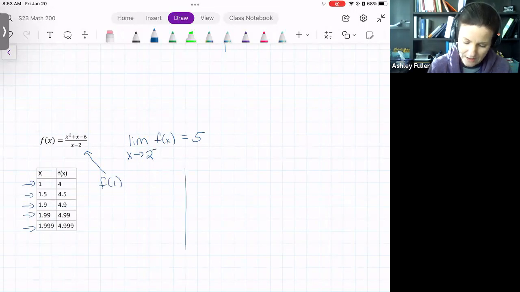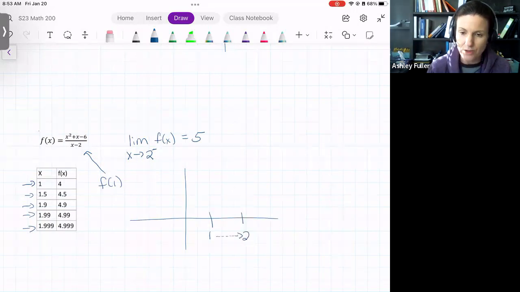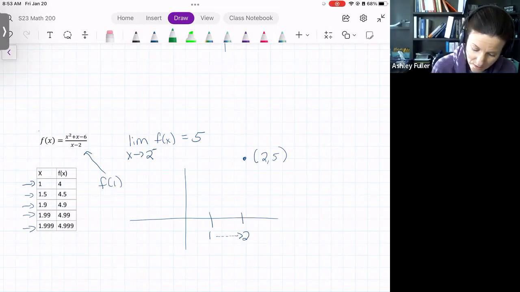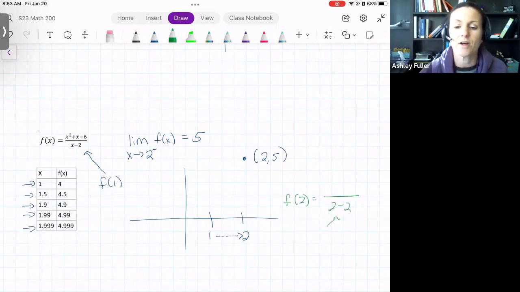And again, we're picturing this graphically. So here's the value 1, here's the value 2. We are coming closer and closer to 2 from the left, and slowly the function is approaching the point 2, 5 as we get there. Now, that doesn't mean that the value of the function is 5, because if you'll notice, when I actually plug in the value of 2 into this function, the denominator goes to 0 and it's undefined, but it gets closer and closer to that value.